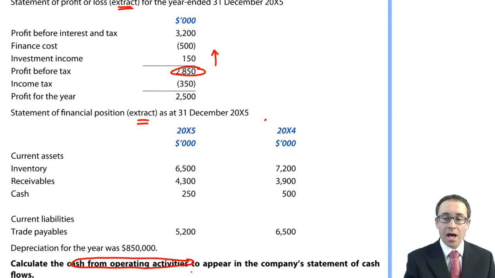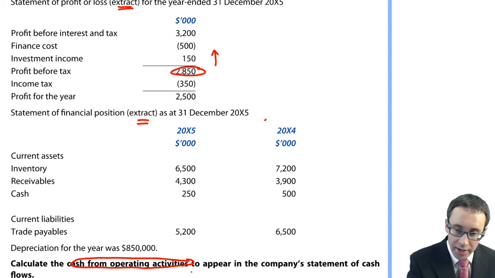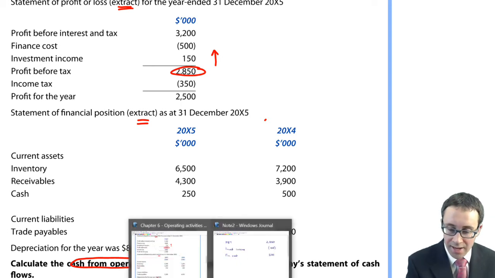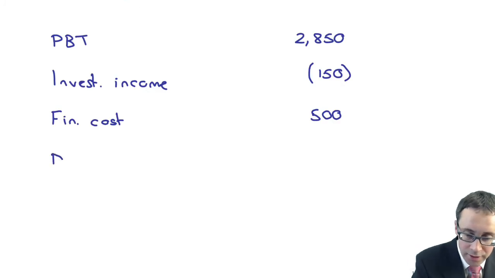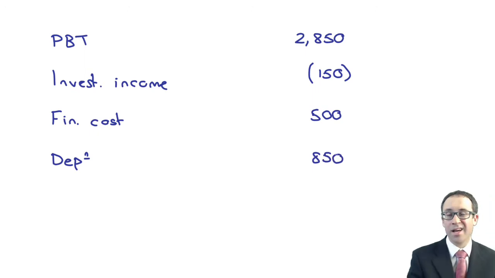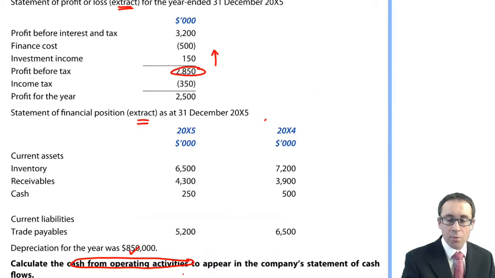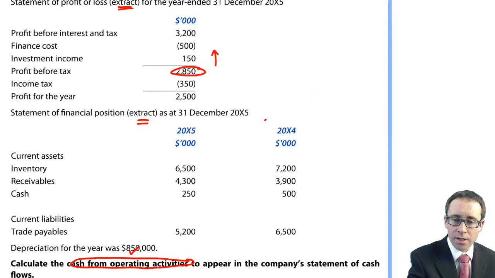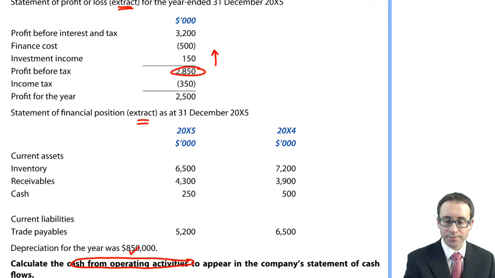Okay. Then we need to look at the non-cash items. So you've got your depreciation, which is there as 850. So depreciation, we will add that back on as a non-cash expense. So that's nice and straightforward, particularly if it's given to you. We then need to look at the movement in your inventory, receivables and payables.